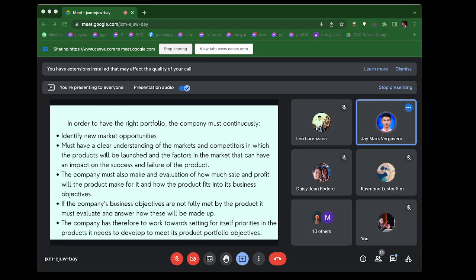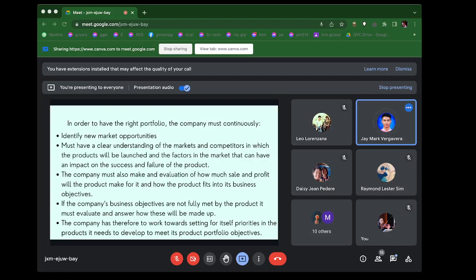Third, the company must also have an evaluation of how much sales and profit the product will make for it and how the product fits into its business objectives. Fourth, if the company's business objectives are not fully met by the product, the company must evaluate and answer how this will be made up.